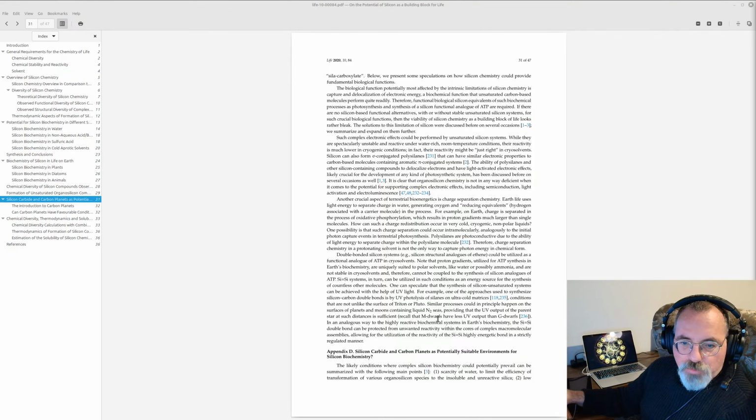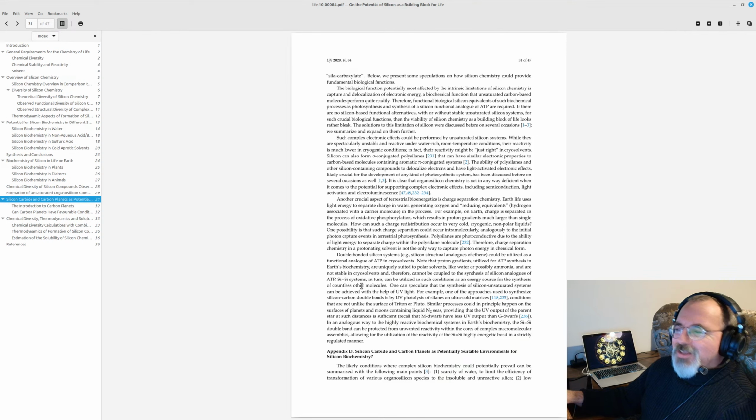Now the issue with red dwarfs and this kind of thing is you'd have to be close enough to get the right amount of ultraviolet radiation, which probably means that your planet is going to be tidally locked, which has its own set of problems because you'd have one side of the planet continuously facing the red dwarf.